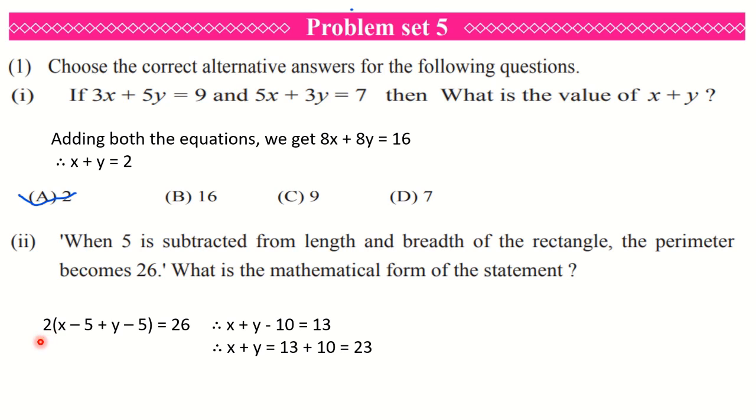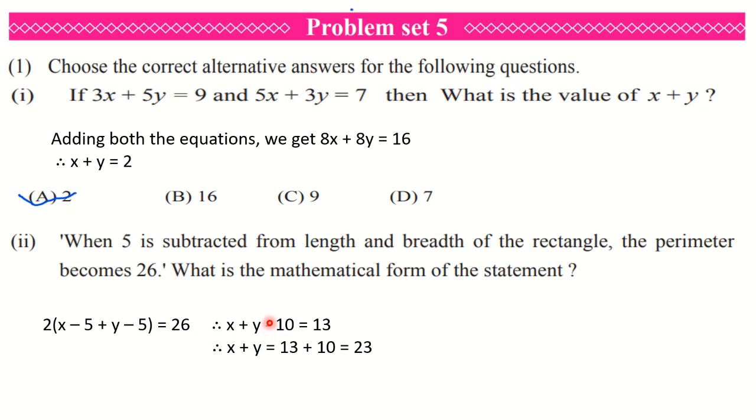Now this 2 is in multiplication, so let us take it to the RHS as division. When we divide 26 by 2, we get 13. And in this bracket, we have x plus y, and minus 5 and minus 5 gives minus 10. So this is transformed in this form.